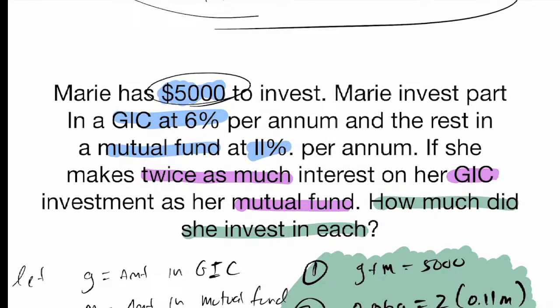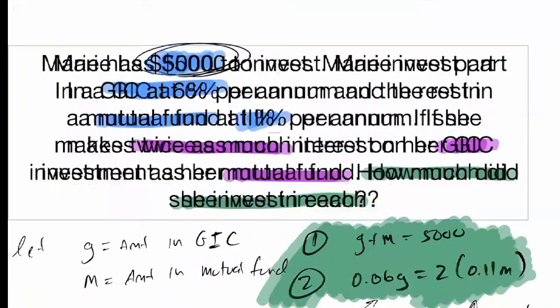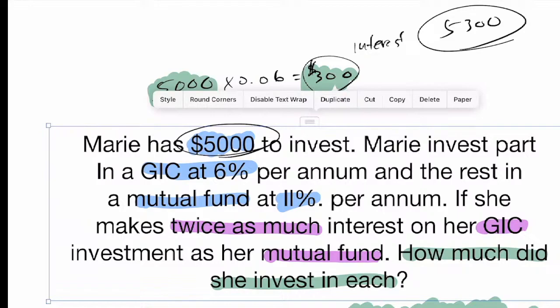Okay, are there any other questions? The test is out of, I think, 35. Another interest one? Sure. All right.